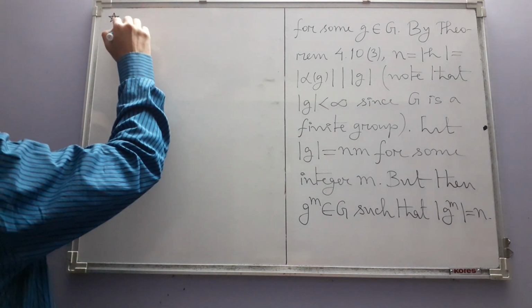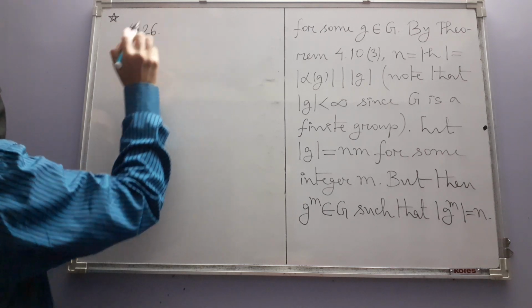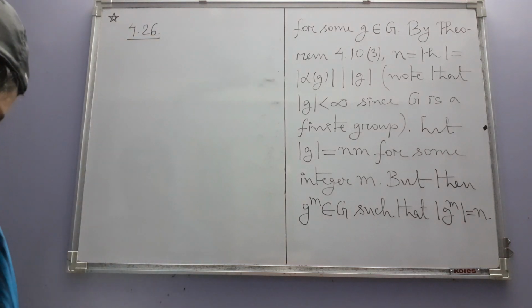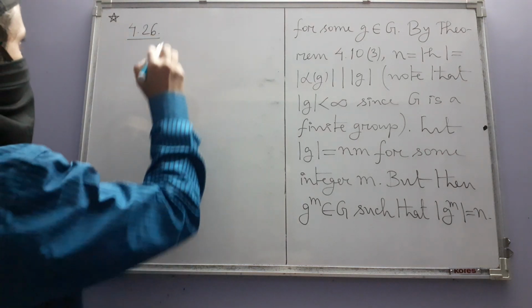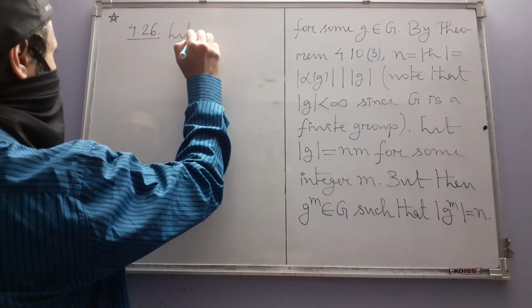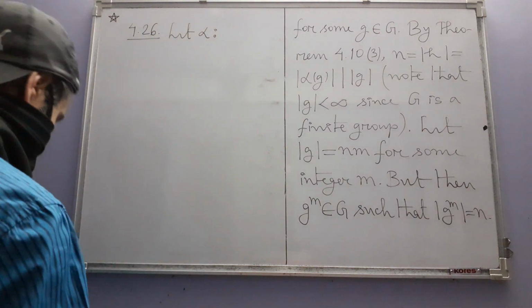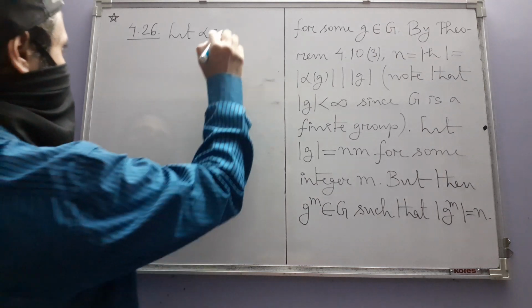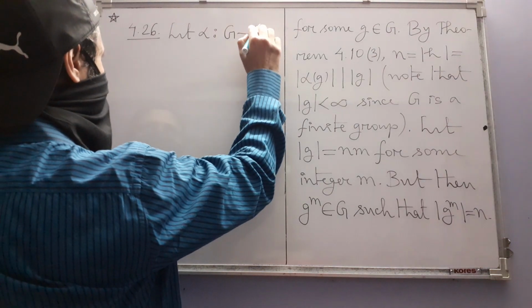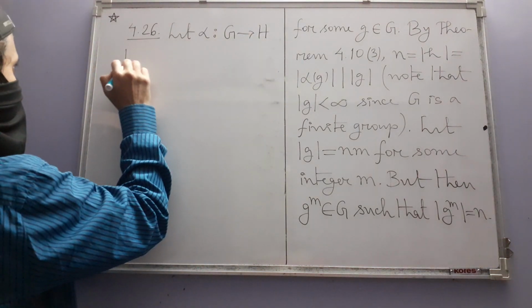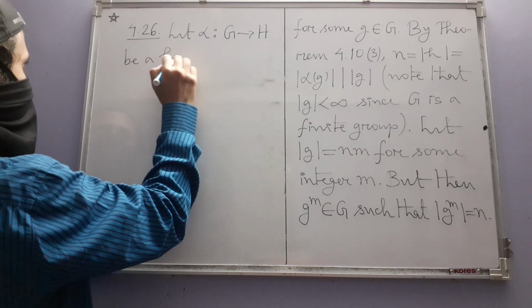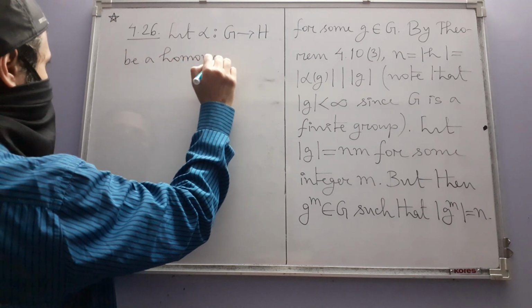Next, let alpha from, again I think, G into H be a homomorphism.